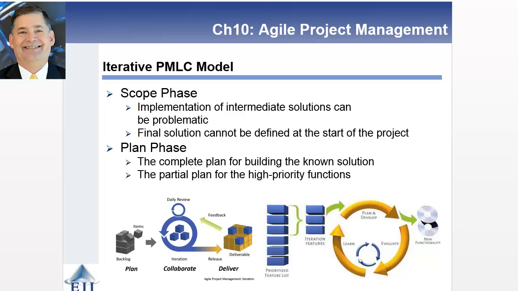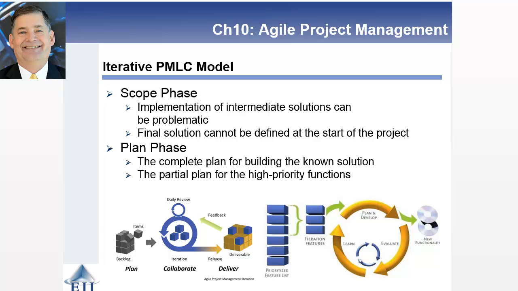So during the scoping phase, you've got to be careful because the implementation of intermediate solutions can be problematic, and some of them can be delivered and some of them cannot. Some of them is just fixing the engineering or the piping behind the scenes that's going to be necessary. The other piece is that because you don't have a clearly known solution, the final solution cannot be defined.